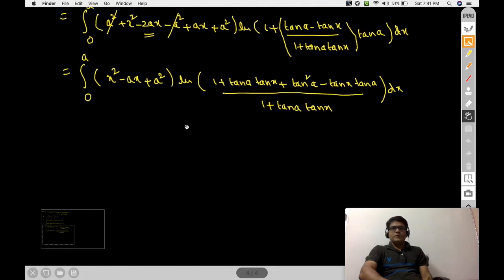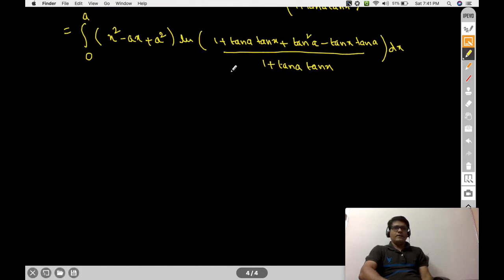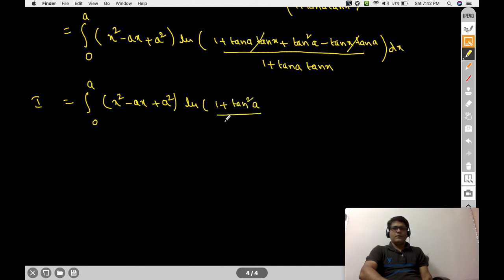Next, see, tan a tan x minus tan a tan x cancel, so I is equal to integration of 0 to a x square minus ax plus a square into ln of 1 plus tan square a over 1 plus tan a tan x dx.